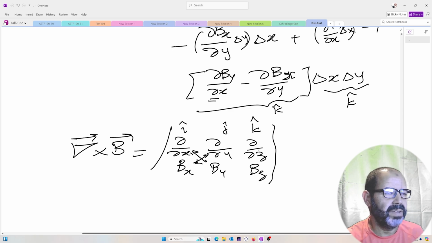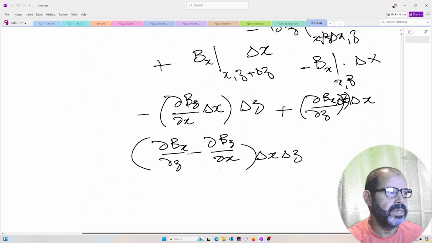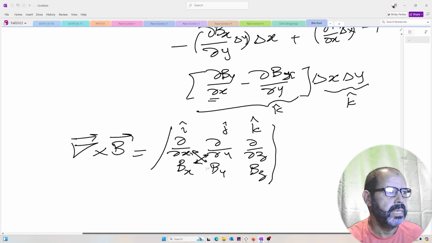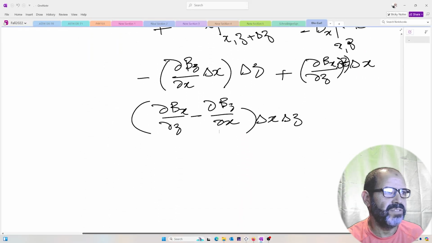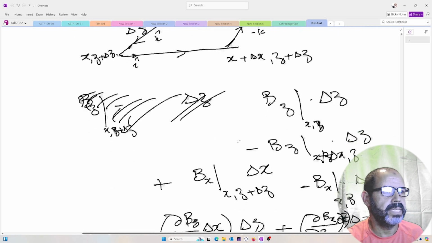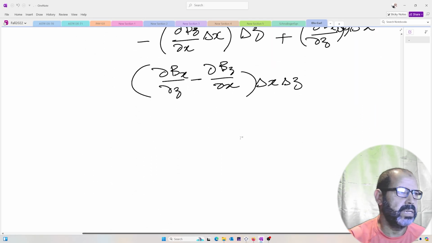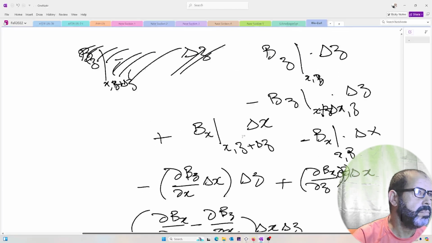So it's going to be the derivative with respect to z of bx, minus the derivative with respect to x of bz. Exactly how the cross product is. The last term is going to be identical. So at the end of the day, this is how this looks.